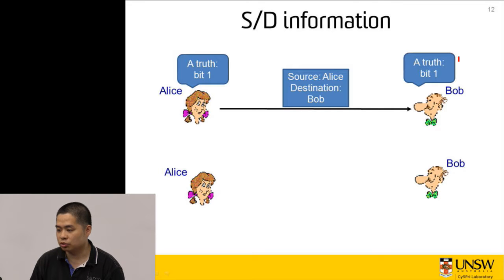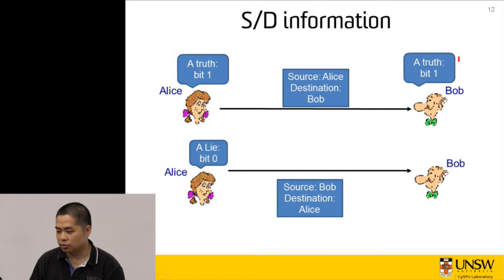What if Alex wants to share the secret bit 0 with Bob? First, Alex will think of this as a lie, bit 0. Then he will set up the packet with the source as Bob and the destination as Alex, and send this packet to Bob. Once Bob receives that packet, he checks the packet header information.